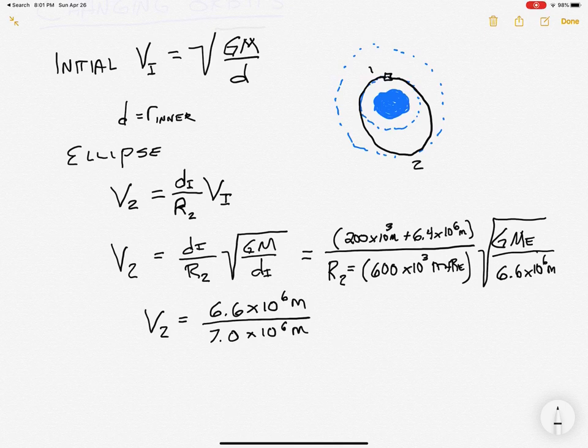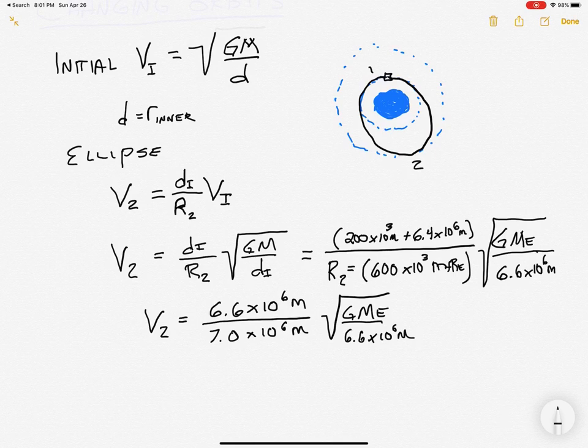And then we're left with square root GM of the Earth all over 6.6 times 10 to the 6 meters.